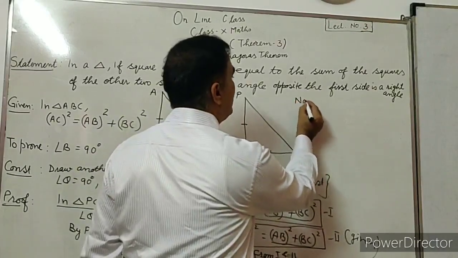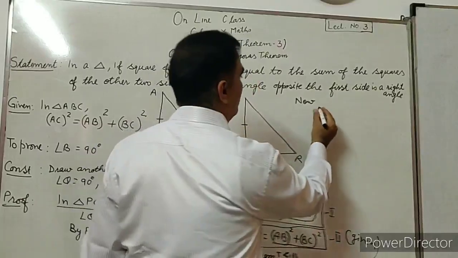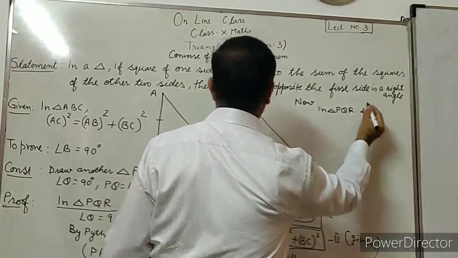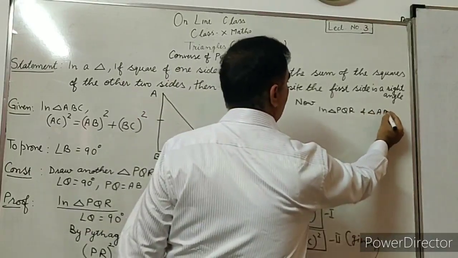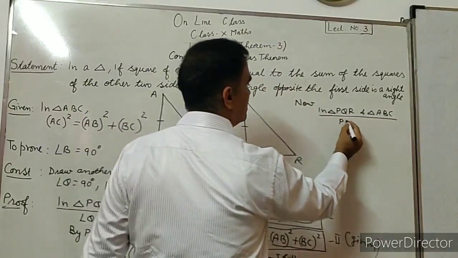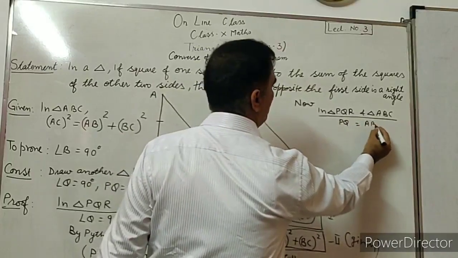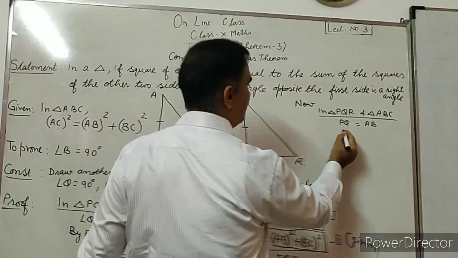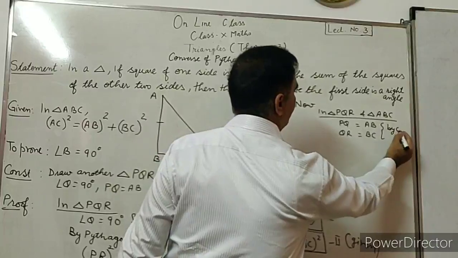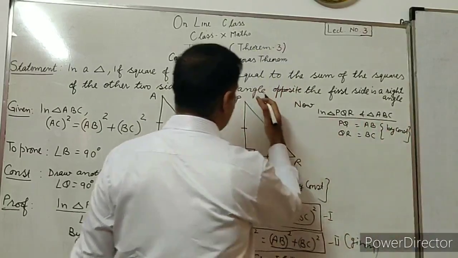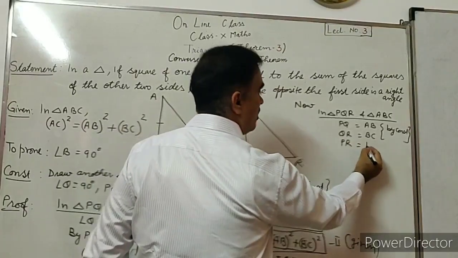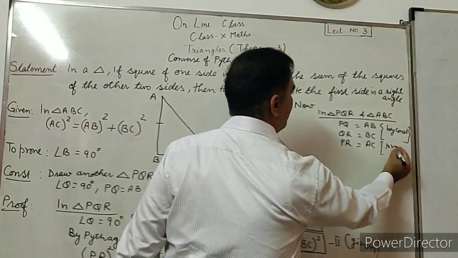In triangle PQR and triangle ABC, this side PQ equal to AB and QR equal to BC by construction, and this PR equal to AC we have proved above.